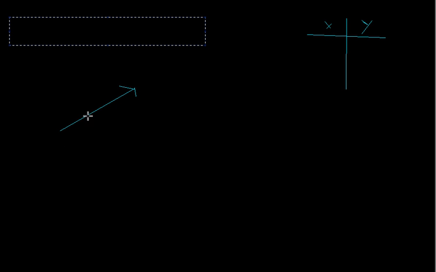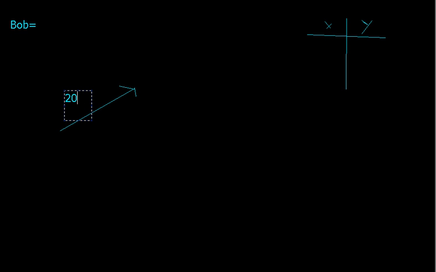Let's name this. Let's call this vector Bob. You can actually name vectors some really weird things, especially if you get into different kinds of physics, but we'll just call this vector Bob. I wouldn't do this on a test, but it works. We'll say that vector Bob, which should actually have an arrow over it, but we're not going to bother, is 20.